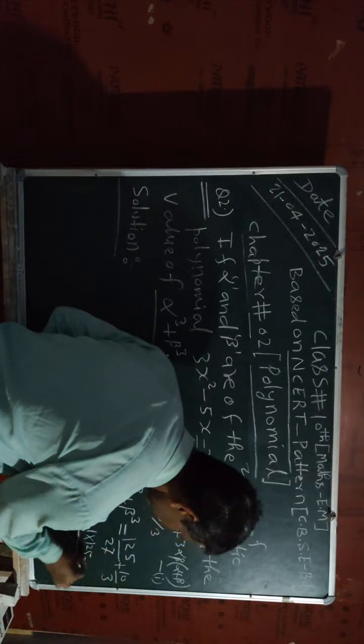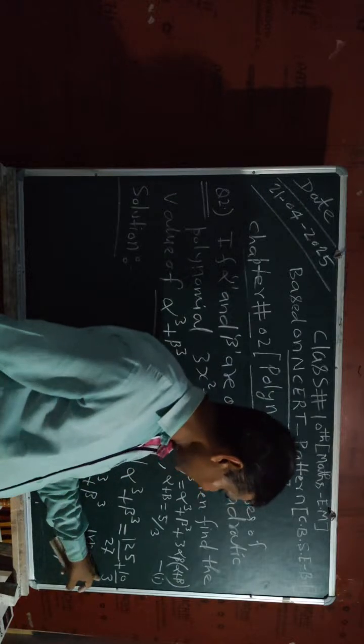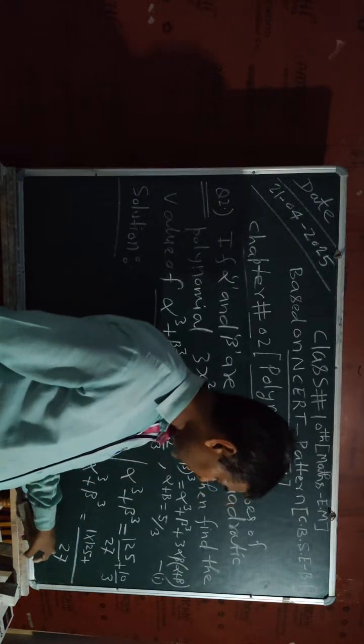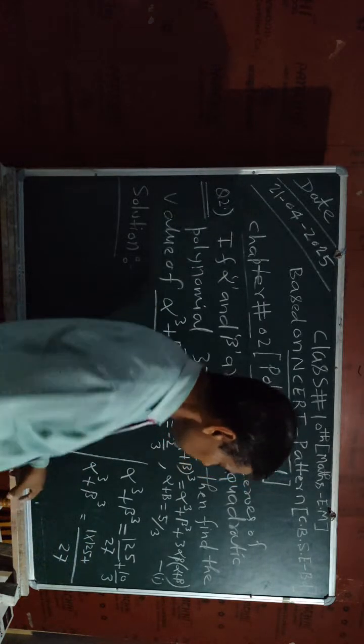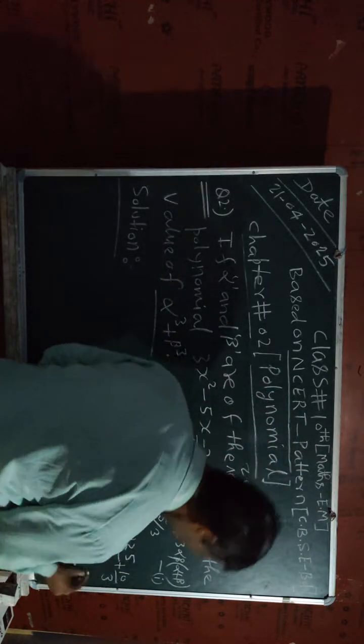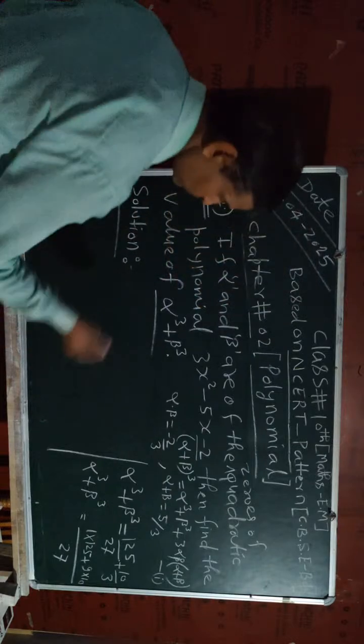Here the plus sign is available, I will put here the plus sign. Now I will divide 27 by 3, that will be 9. So 9 is multiplied with 10. So I will write here 9 into 10. Okay, student.